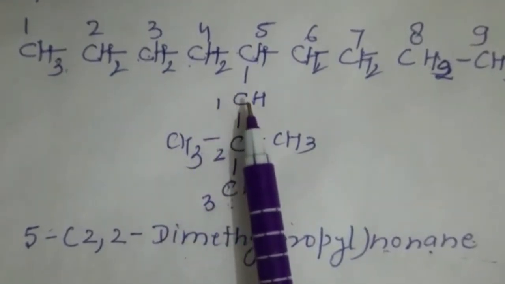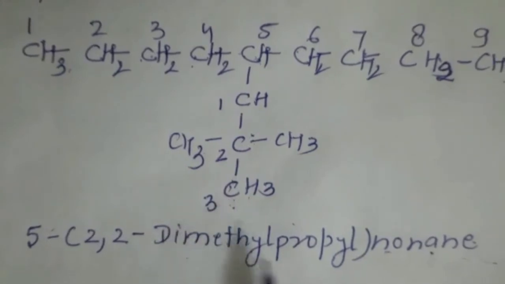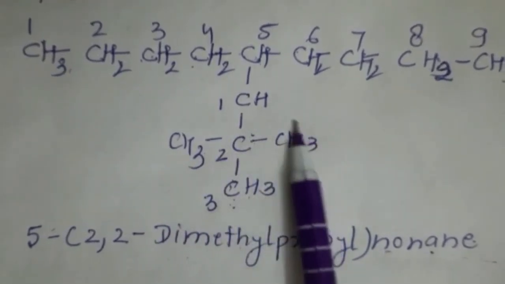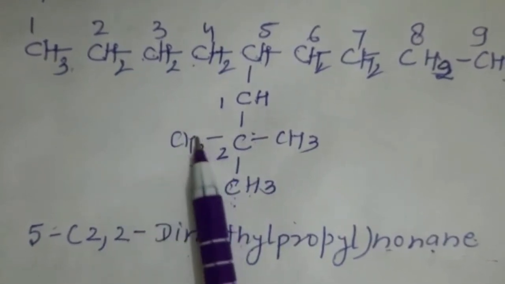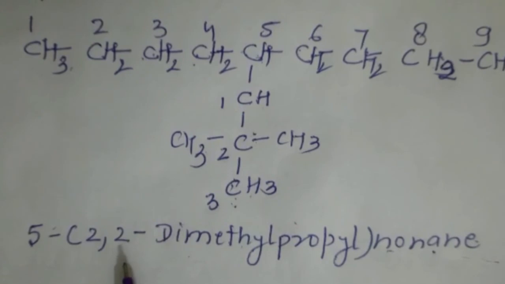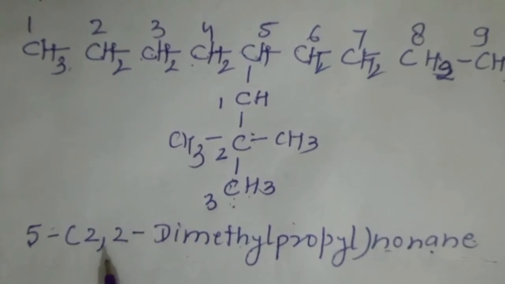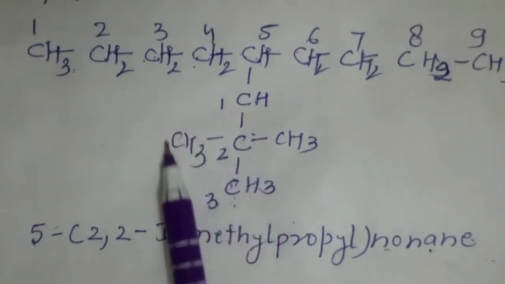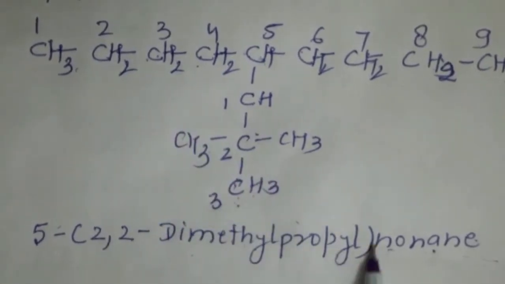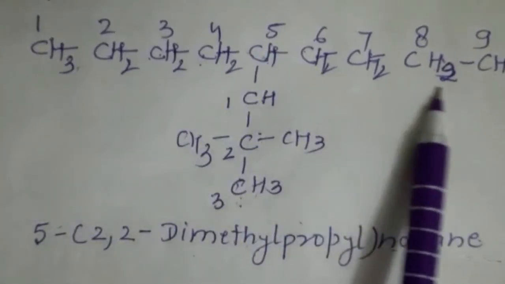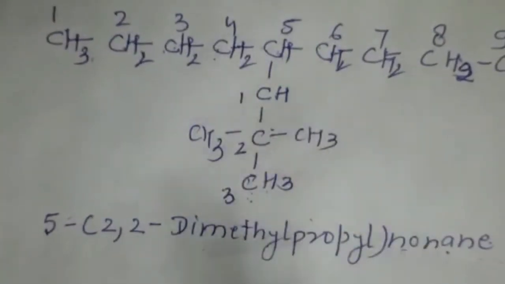How many carbon atoms are there? 1 2 3. So it is propyl, and at the second carbon atom 2 methyl groups are substituted. So the name of this complex substituent is 2,2-dimethyl propyl. This complex substituent should be written in brackets, and the position at which it is linked to the principal chain is the fifth carbon atom.